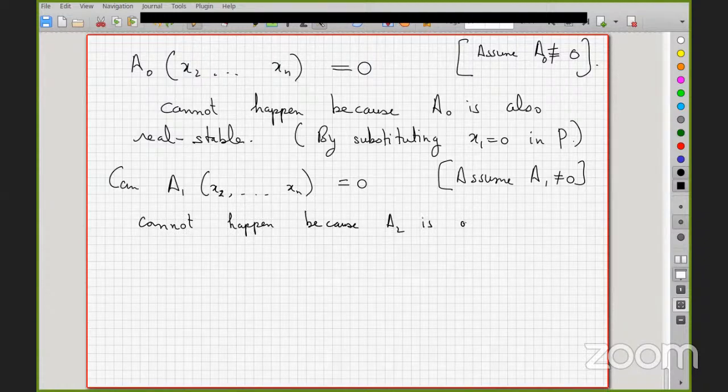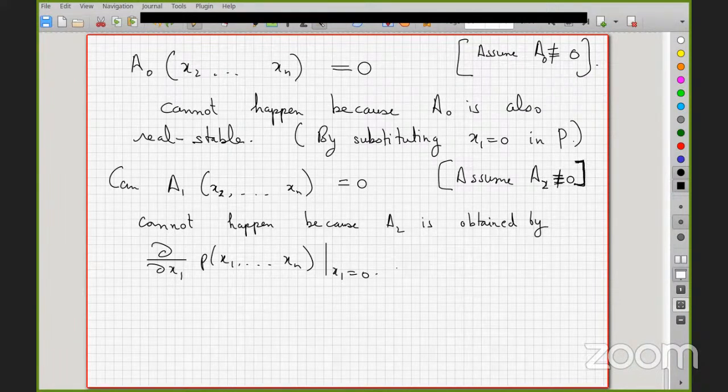A2 is obtained by looking at the derivative del x1 of P, x1 to xn.